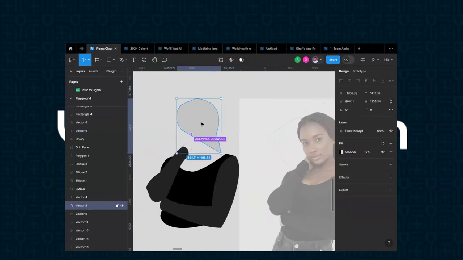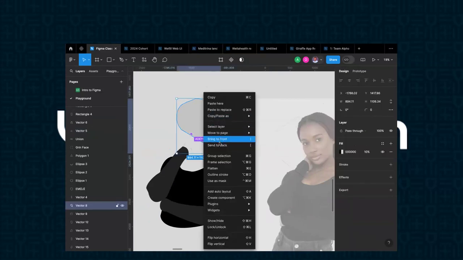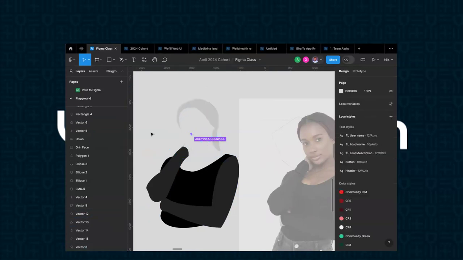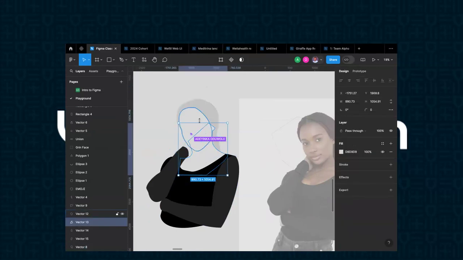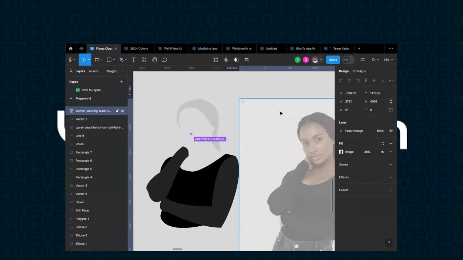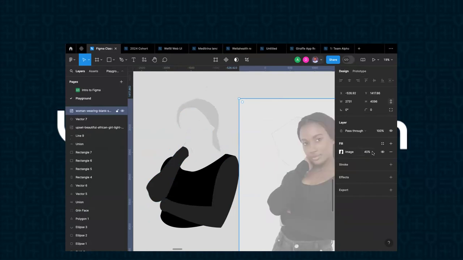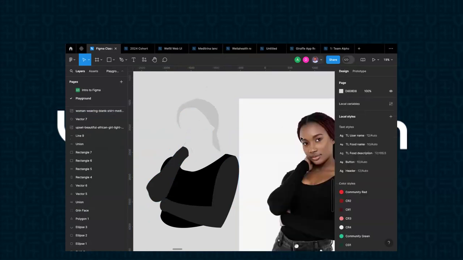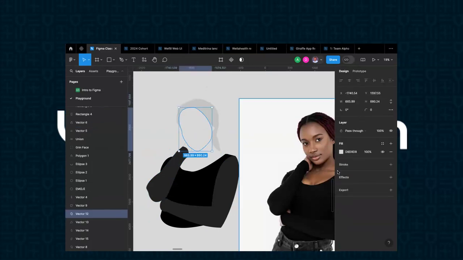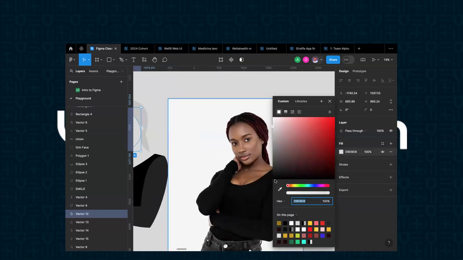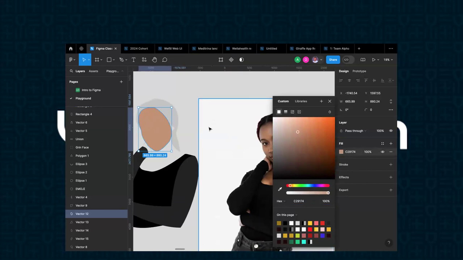And then since we agreed that this hair is going to be all the way at the back, sending this to the back, and then that the neck is going to be, okay, let's choose the color more appropriately. Let's make this 100% again if we want to see the real color of this lady. What I would do is pick a color that's more representative of the face. So let's choose that one.